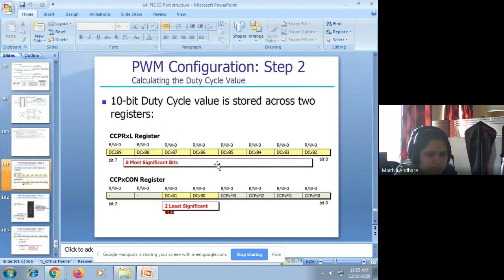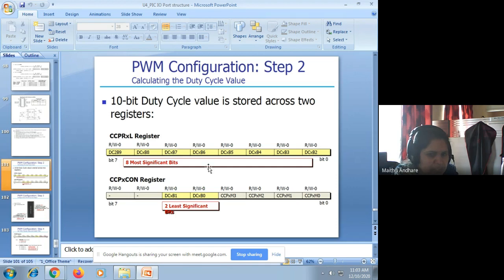So see, this is the CCPCON register. In that, bit number 4 and bit number 5, the highlighted bits, are responsible for the duty cycle. A straightforward table is given in the book. So 00 is 25%, 01 is 50%, 10 is 75%, and if these bits are 11, 100% duty cycle is there, and the remaining bits are for the selection of the CCP mode.